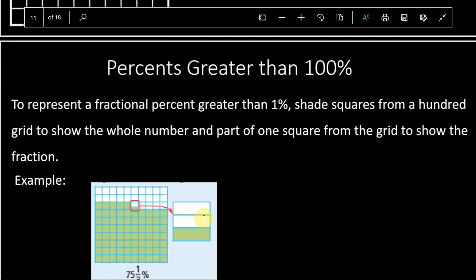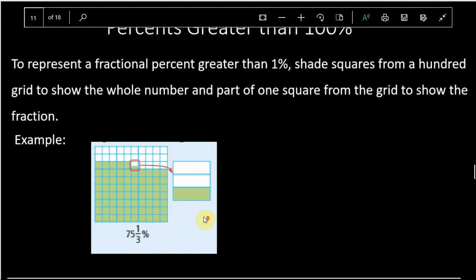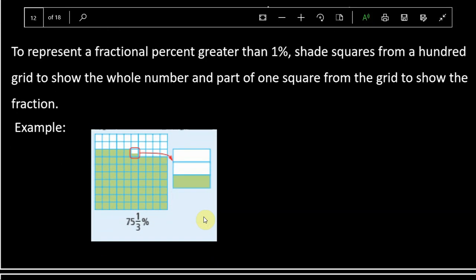Okay, so next, percents greater than 1%. To represent a fractional percent greater than 1%, you're going to shade squares from a hundreds grid to show the whole numbers, and then part of a square from the grid to show your fraction of a percent. So just like in this picture here, your hundreds grid is representing 75 and 1/3%.